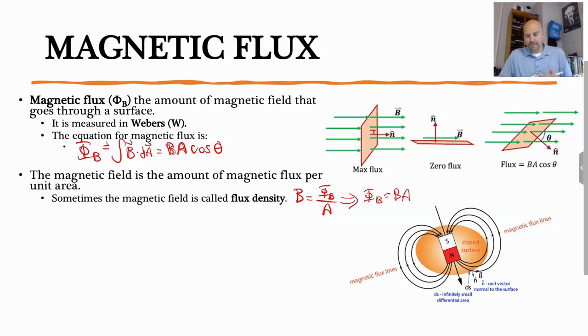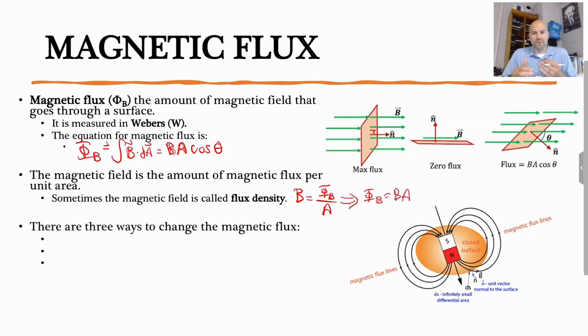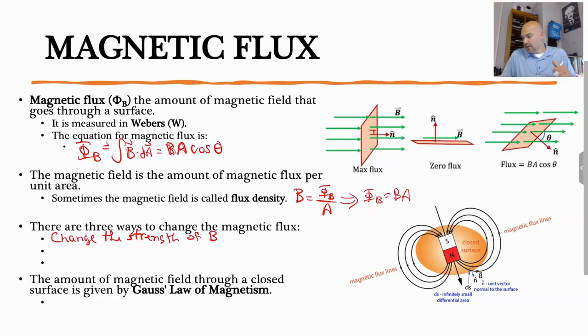You can see in the diagram here there are ways that we change the amount of magnetic field that passes through that particular area, and there are three ways to do it. One, we change the strength of B, so we make that magnetic field stronger or weaker.